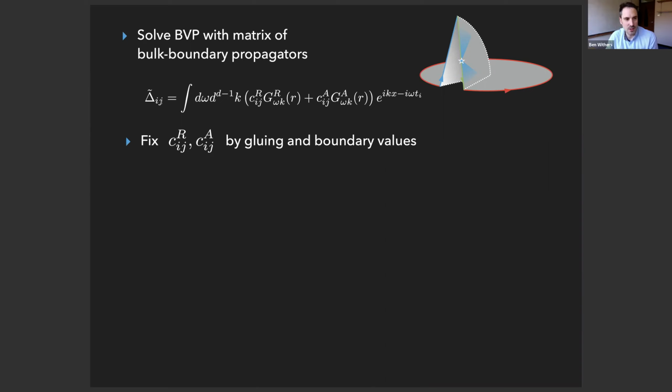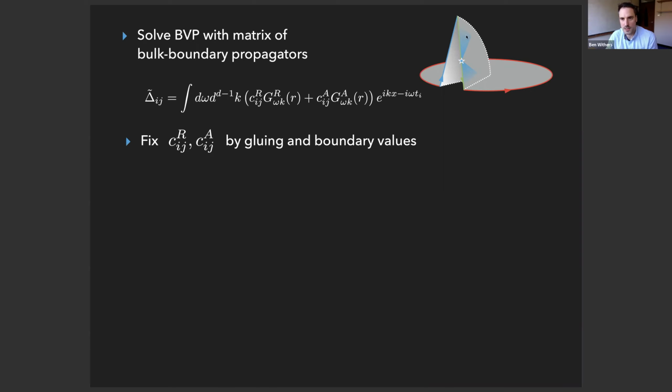Delta ij here means the field that lives on the segment i in response to a delta function which lives on the boundary of segment j. So this field on this piece would correspond to delta 2,2, since it's the response on segment 2 to a delta function on segment 2. And if we computed how this field propagated to the other piece of the Lorentzian, this would be delta 1,2, and this would be delta E2, and so on.